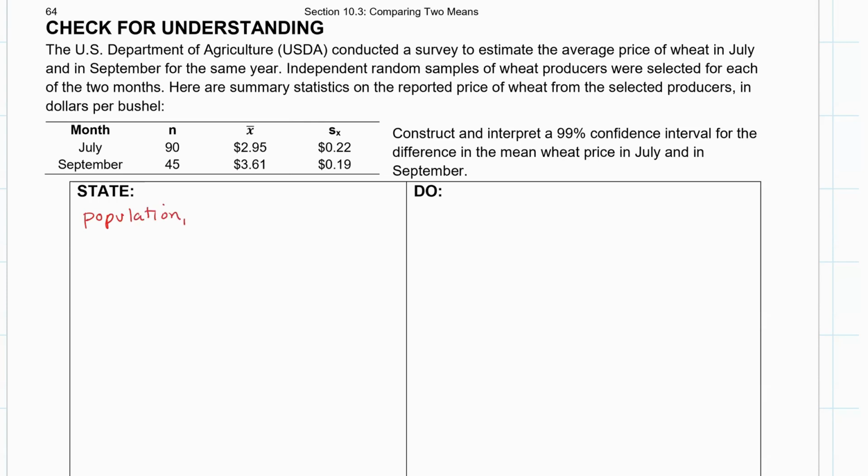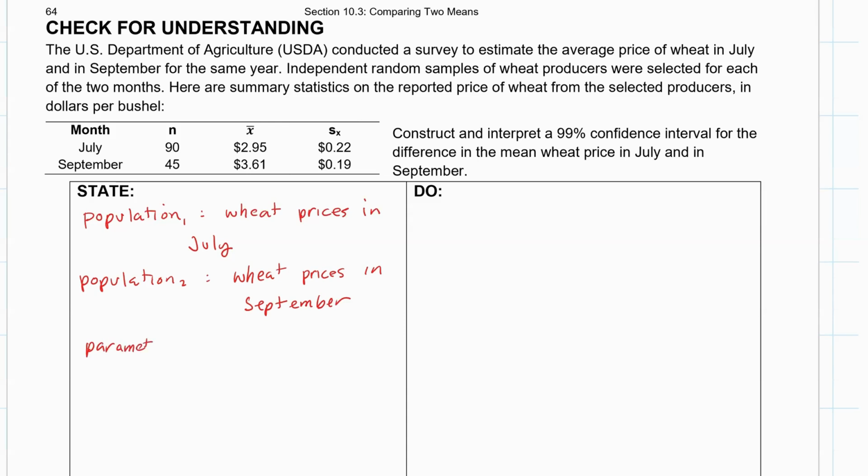So population 1, this would be wheat prices in July. Population 2, this would be wheat prices in September. And the parameter of interest in this case is mean price.